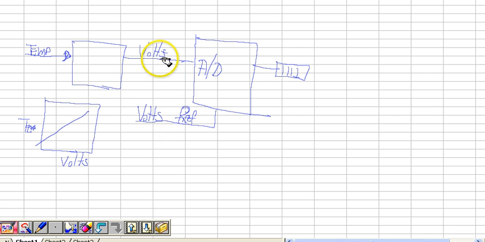All right, so now let's talk about what this thing does. So we know it takes in some voltage and it puts out digital. So the output of this A to D in digital form, in most A to Ds, is equal to the voltage in over the voltage reference, which is usually called Vref in data sheets, times its resolution.